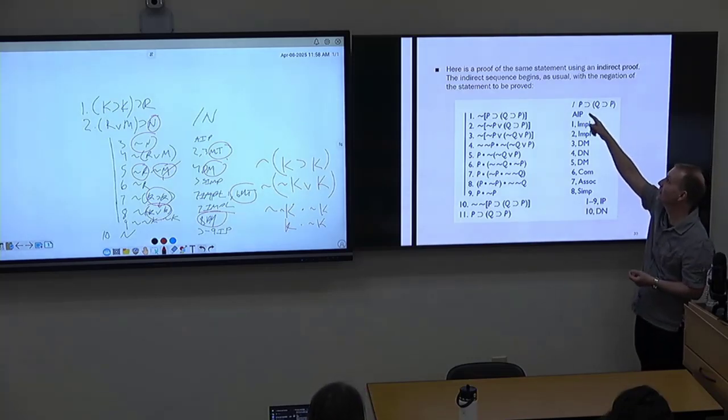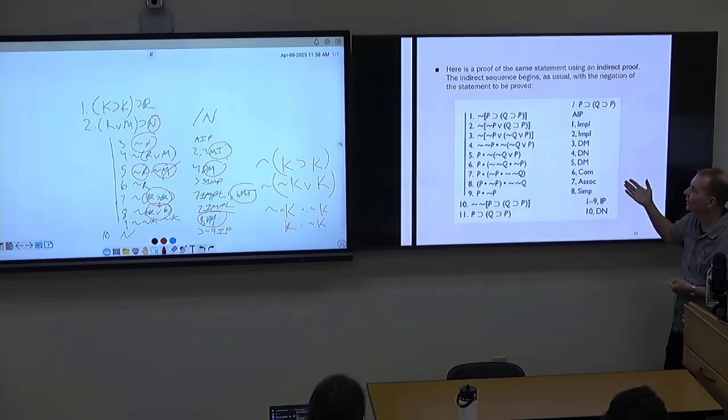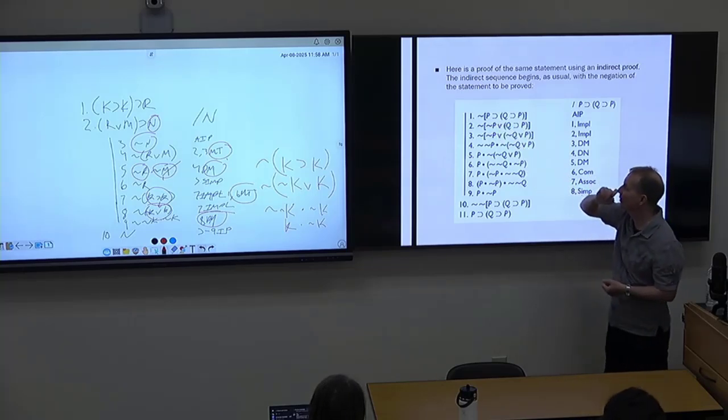You are starting with if P, then if Q, then P. But you're going through indirect proof here, and that becomes very long. You are assuming the negation of the whole thing.